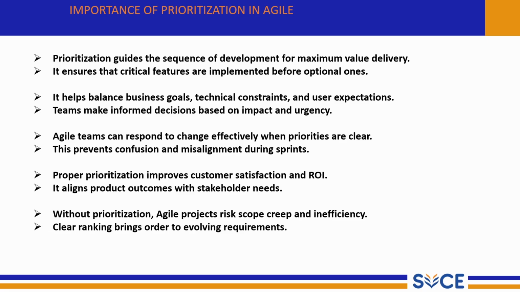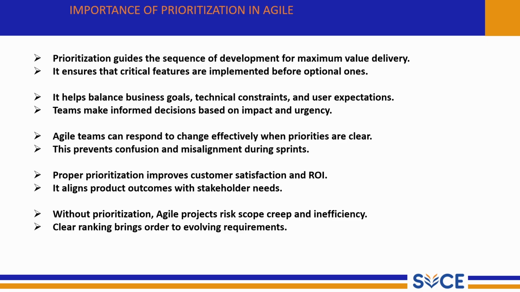It also increases the return on investment because important features reach users faster and start generating value sooner. It aligns the product outcomes with the stakeholder needs. Stakeholders want the product to deliver specific business goals. Prioritization ensures that development always stays aligned with the stakeholder expectations.